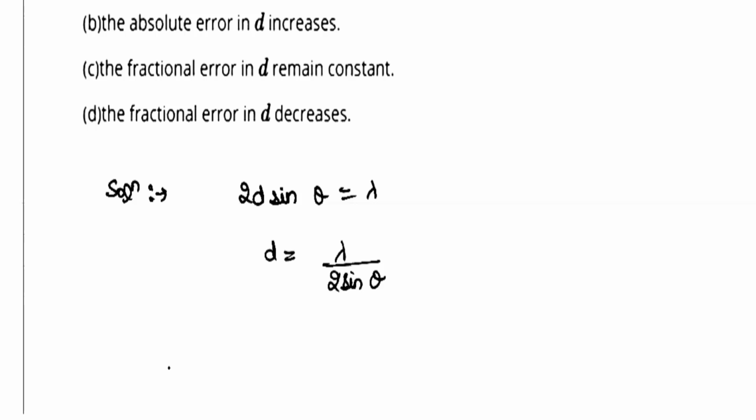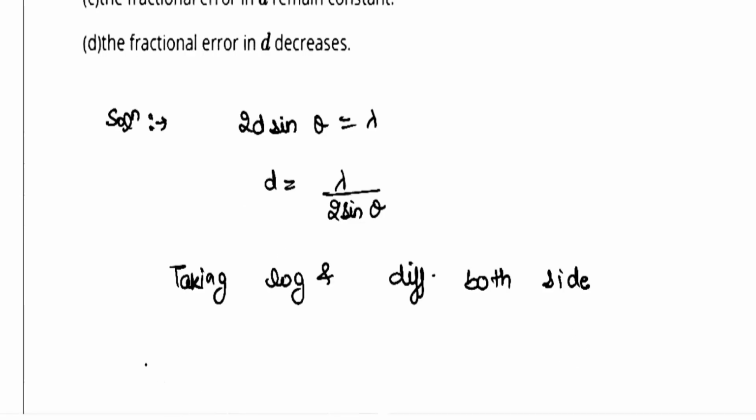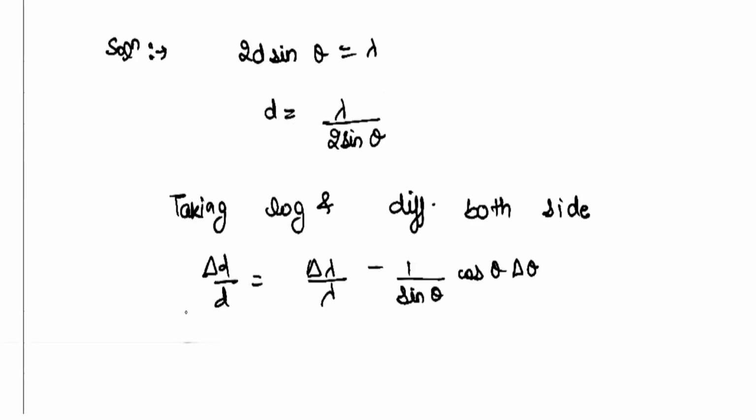Taking log and differentiating both sides, we get delta d divided by d is equal to delta lambda divided by lambda minus 1 divided by sin theta into cos theta into delta theta.